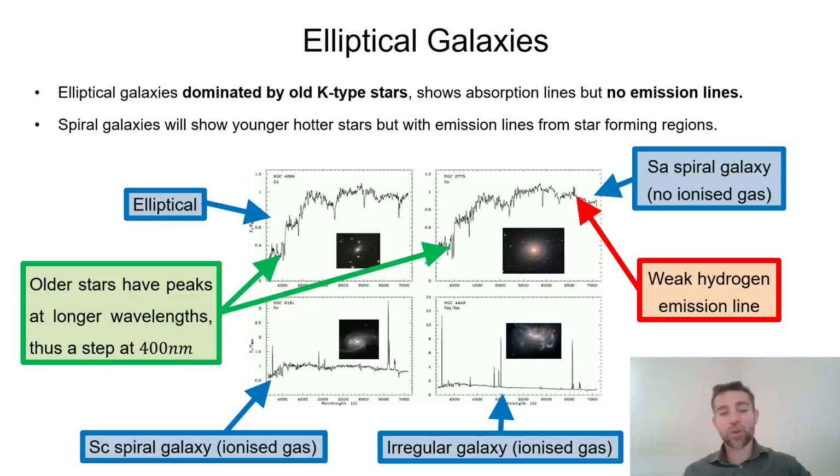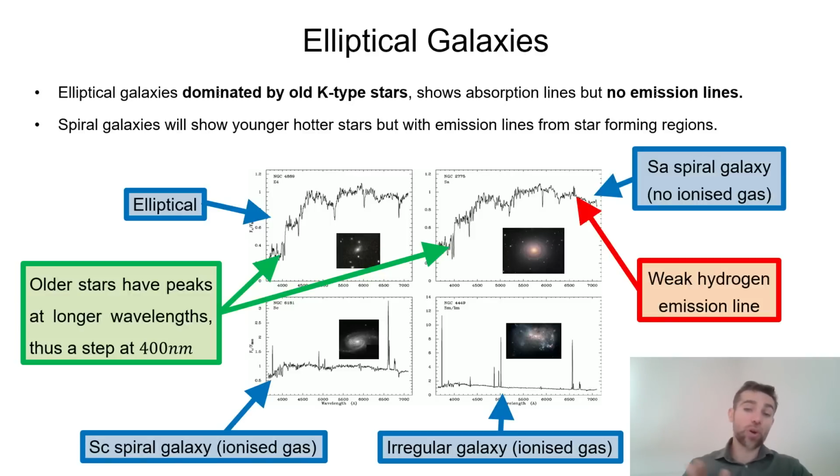Now, the bottom two are young spirals, an irregular galaxy or a starburst galaxy. These have a significant amount of ionized gas. You can see by those vertical emission lines representing the star formation. You've then also got the overall spectrum is towards the blue part, so towards 4,000 angstroms or 400 nanometers.